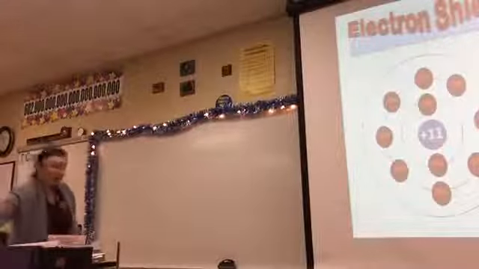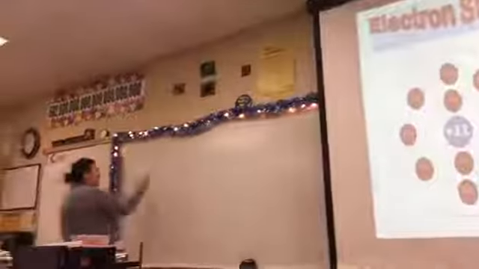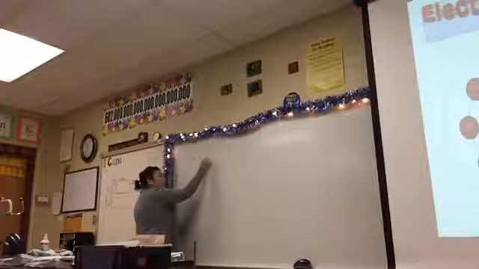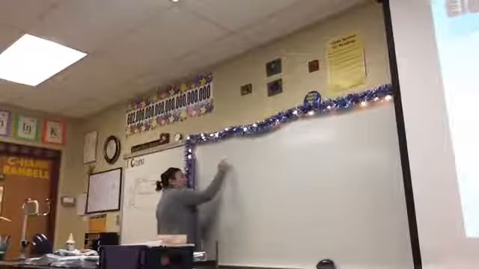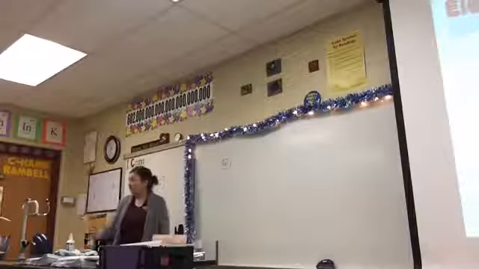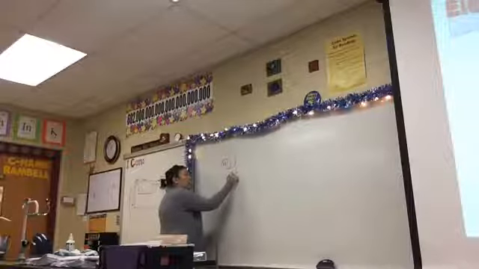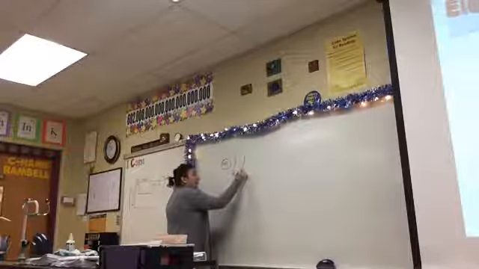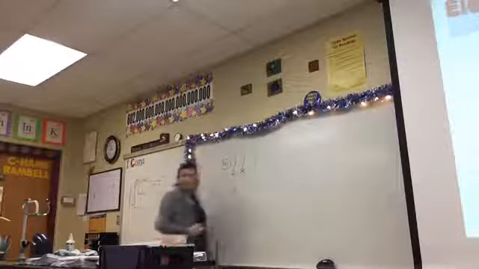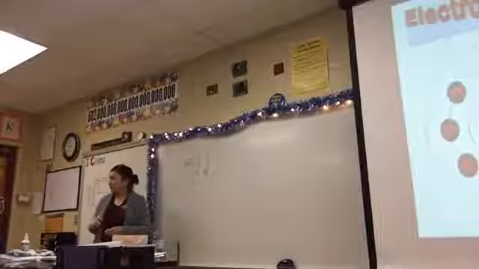So if you look over here, let's say we'll do sodium. Sodium has 11 protons, right? Got that? Draw a Bohr diagram. It's going to be 2 electrons, then 8, then 1. So far, so good.